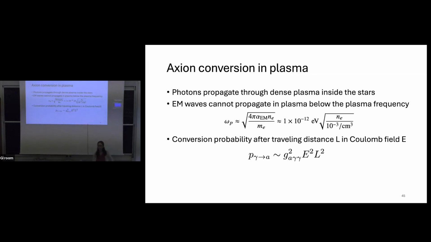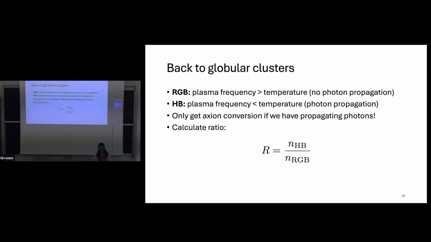Other questions? Okay, so let's go back to globular clusters and why there's this difference between red giant branch stars and horizontal branch stars. Because you have different core densities and different core temperatures, that's changing what the plasma is inside the star. For red giant branch stars, which have no core burning and only shell burning, the plasma frequency inside the star is going to be larger than the temperature of your star.